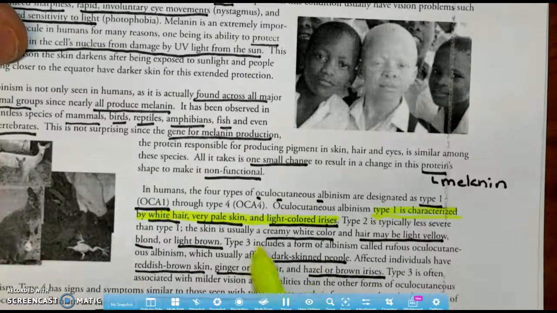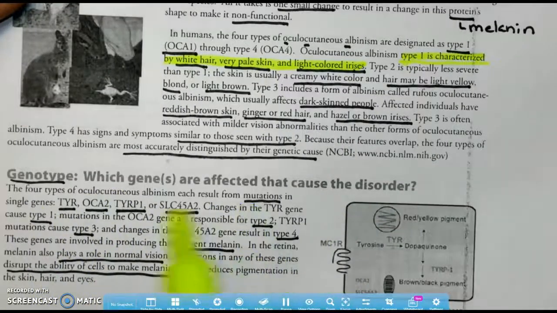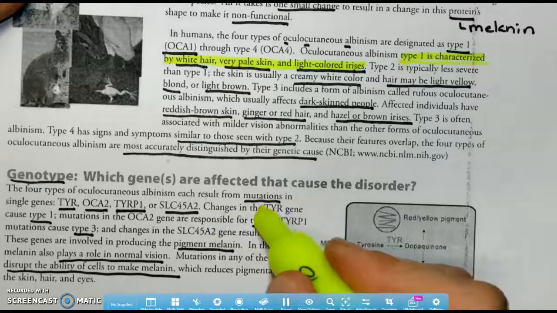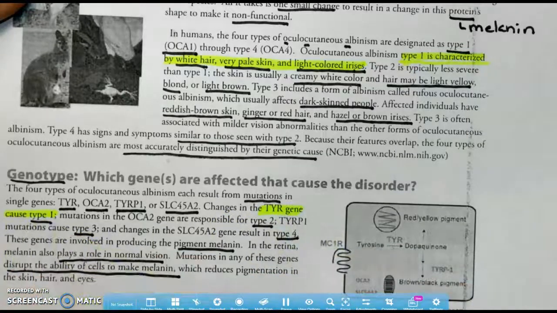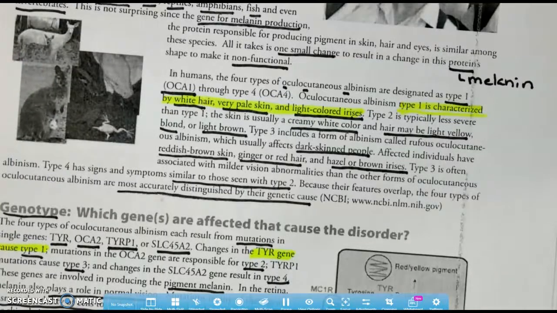See, looks like OCA type 3 only affects dark-skinned people. Moving down to the bottom, we have 4 different genes. It looks like changes in the TYR gene can cause type 1. So I think we have all the information in here related to type 1. Let's go ahead and fill in our chart.